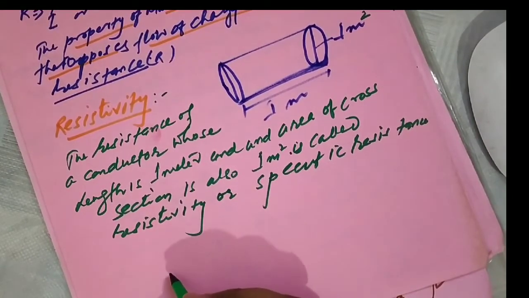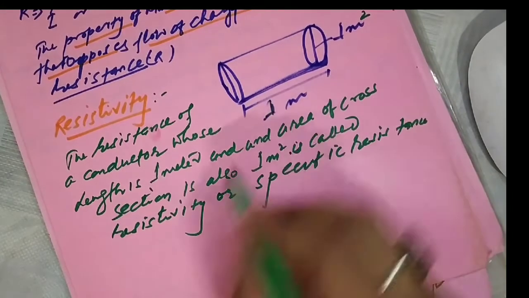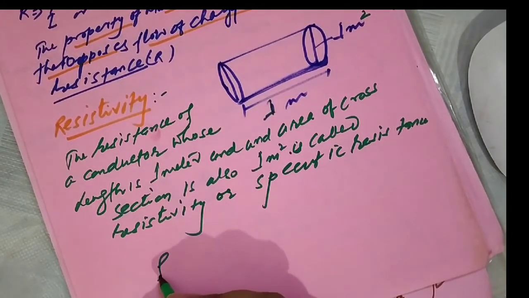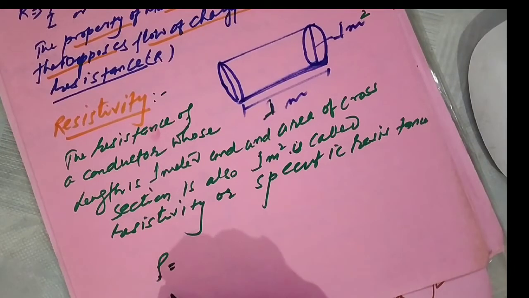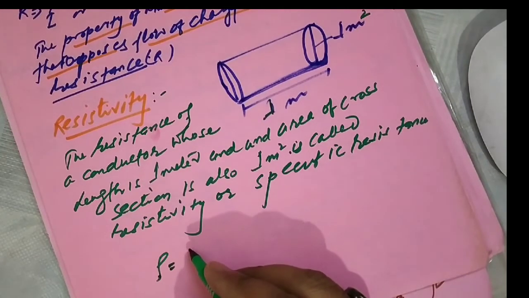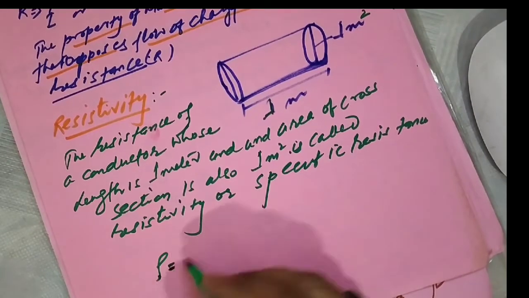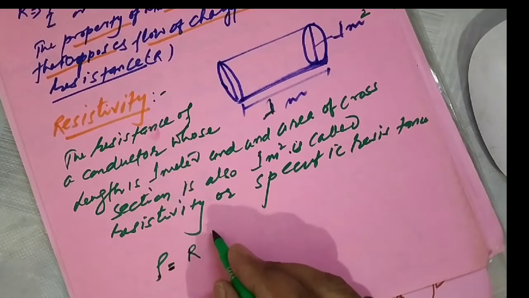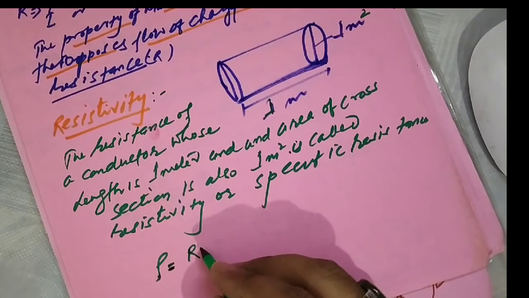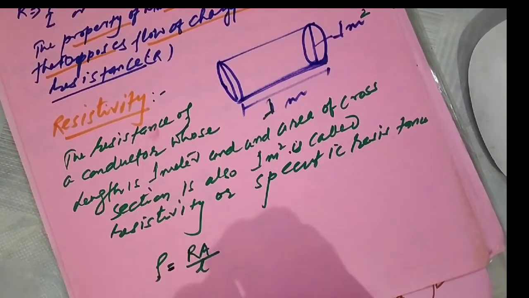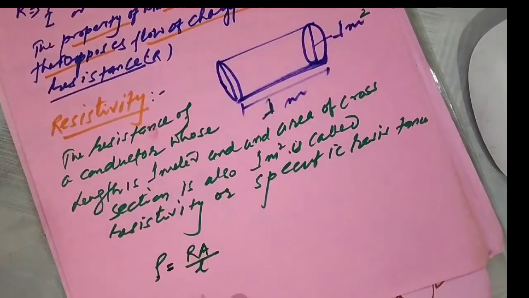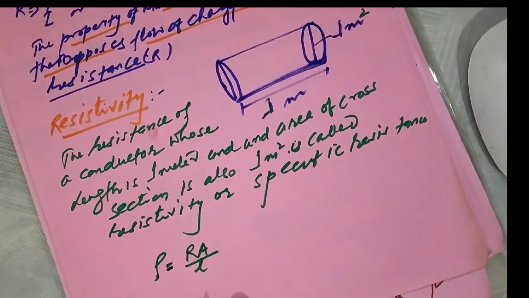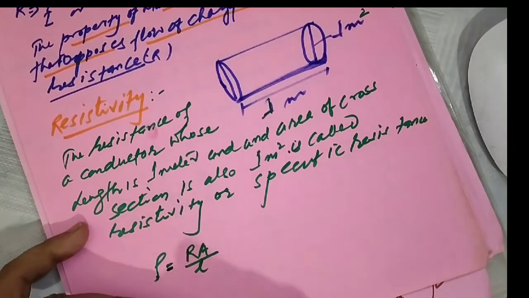So resistivity is given by rho, and it is equal to R into A upon L. Actually, I'd like to add one more thing, the factors on which resistance depends.